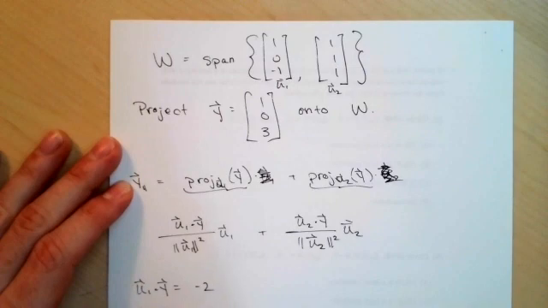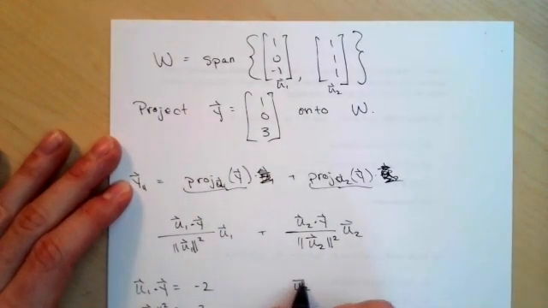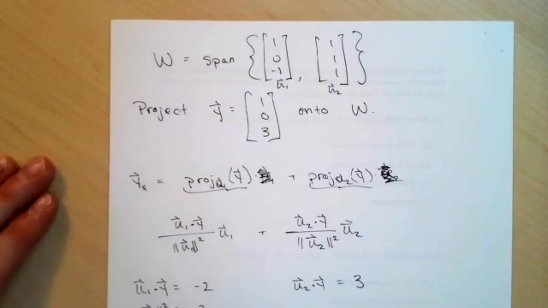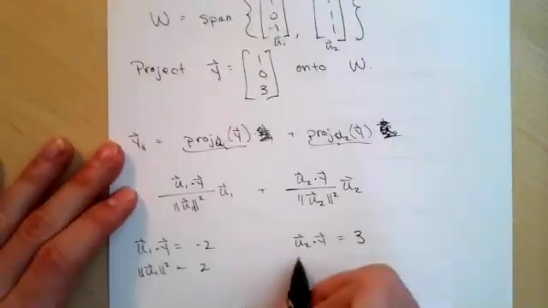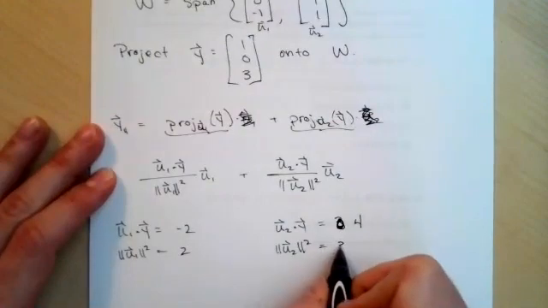Norm of U1 squared, we showed already, was 2. U2 dot y is going to give us, shouldn't it be 4? 4, yeah, I'm multiplying things. 4, and then U2 norm squared is going to give 3.